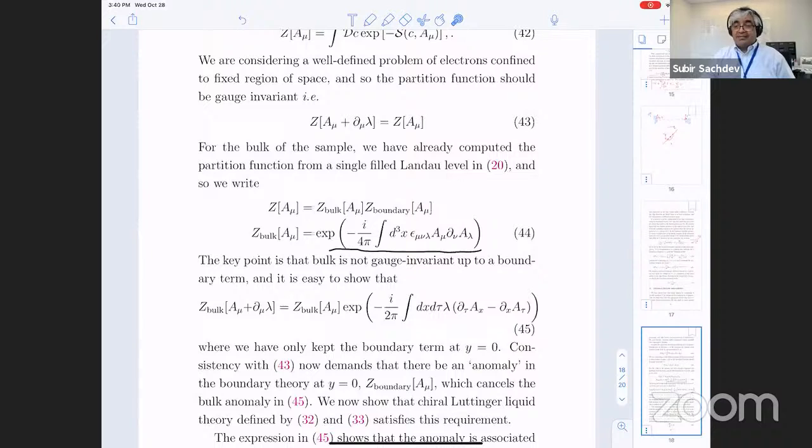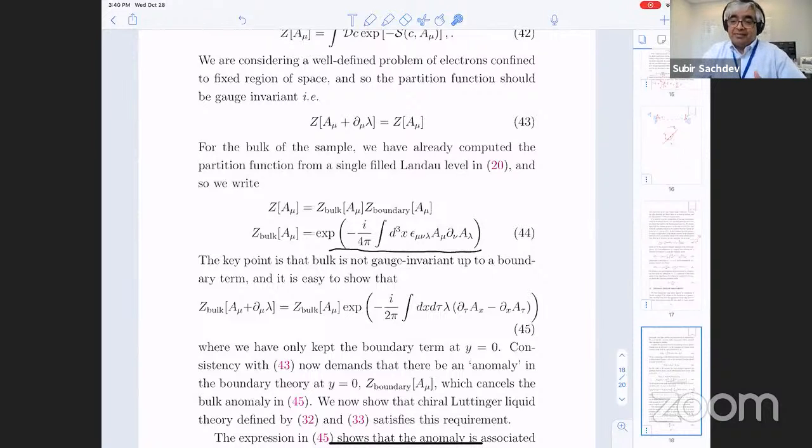Okay. If you take the system and put a boundary on it, there's a term that's not gauge invariant. So now we have a problem because we know the full partition function of the theory must be gauge invariant. And this part is not. This part has an anomaly. So that must mean the anomaly must be eaten up by the boundary.